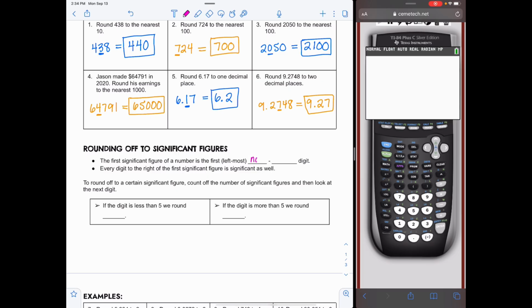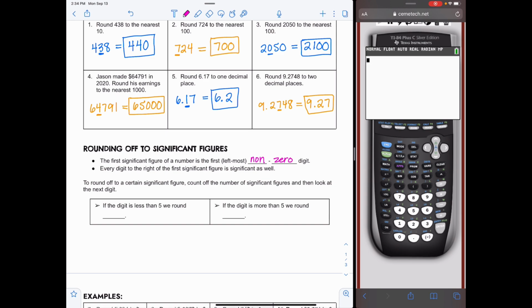So it's non-zero. Every digit to the right of the first significant figure is going to be significant as well. Basically, you have to identify your first significant figure before you can identify any other significant figure.